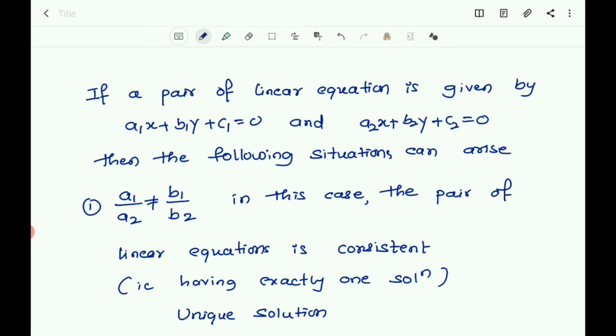Then the solution of the linear equations depends upon the values of a1 by a2, b1 by b2 and c1 by c2.